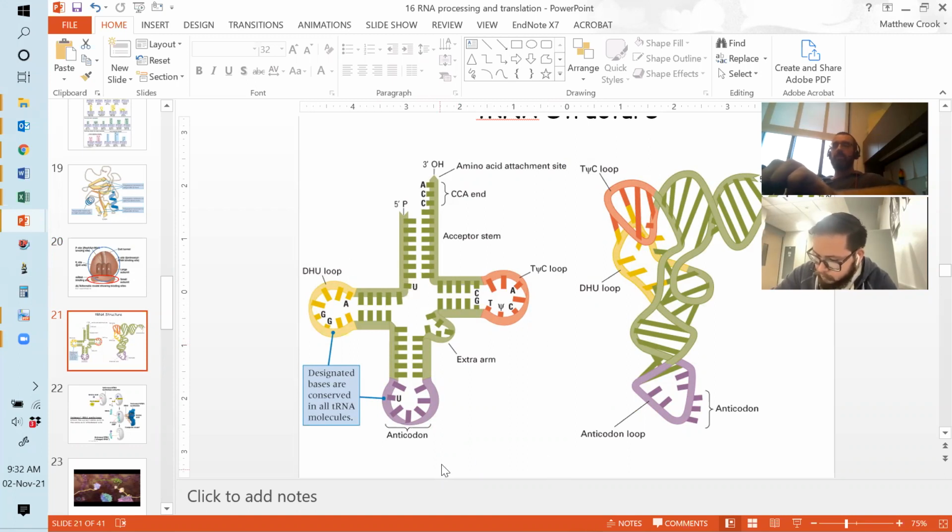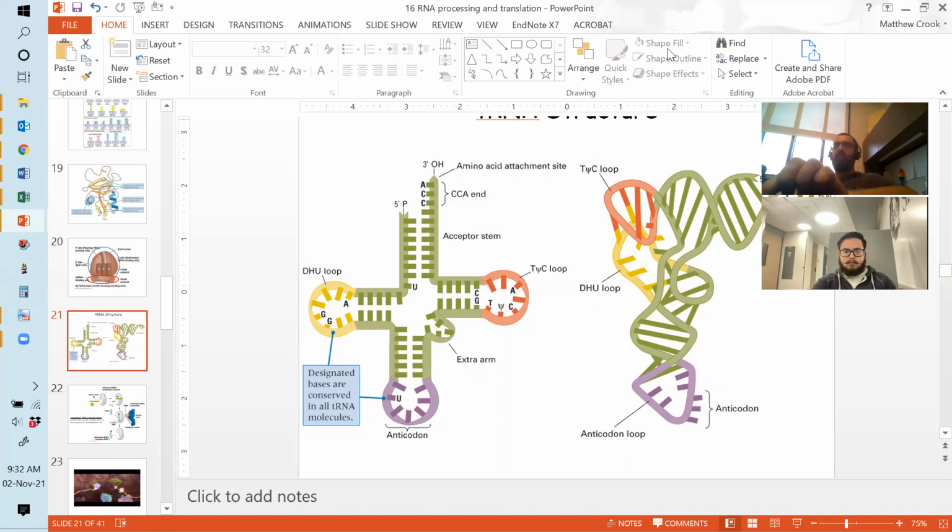Okay, well, while we're here, might as well talk about this a little bit. So this is kind of a stylistic view of a tRNA. Two key areas that matter, at least in our context. There are other areas, but in our context, the ones that matter are the anticodon. So the anticodon is a series of 3 bases, just 3, right?